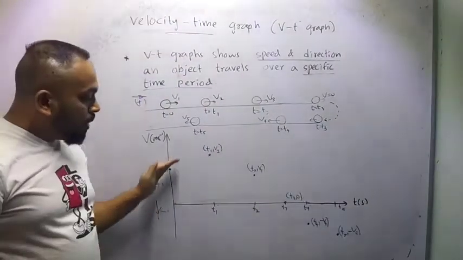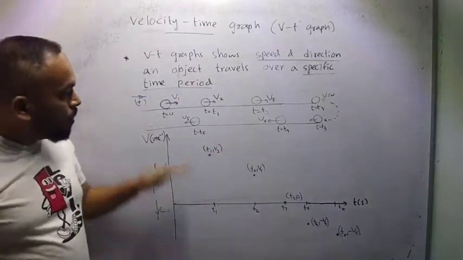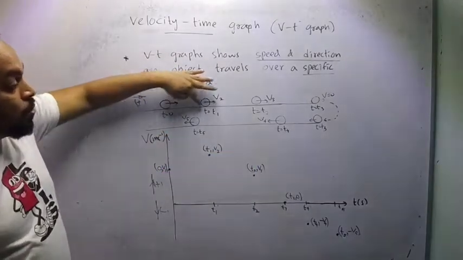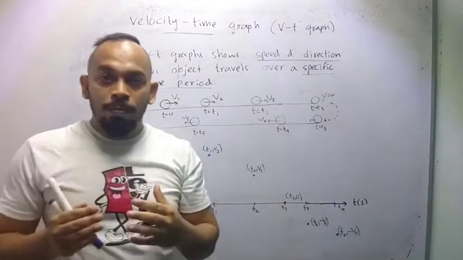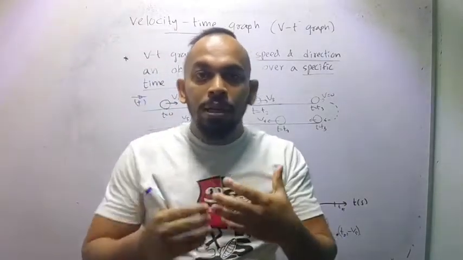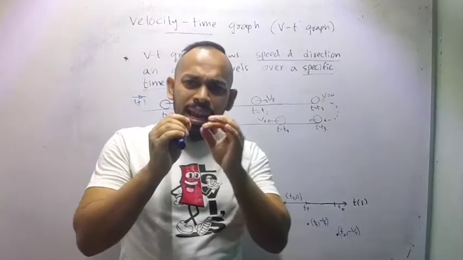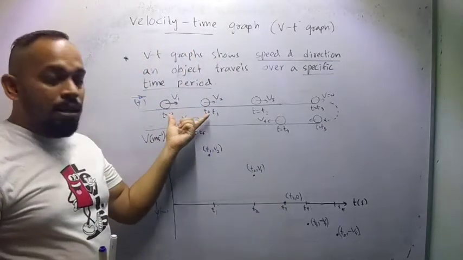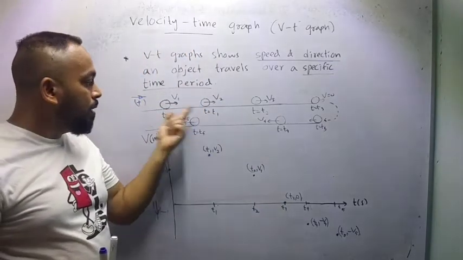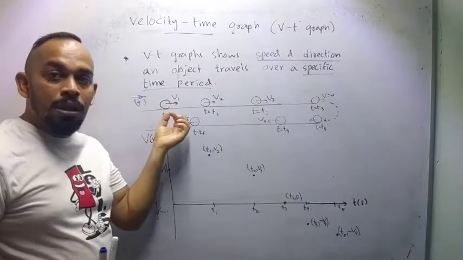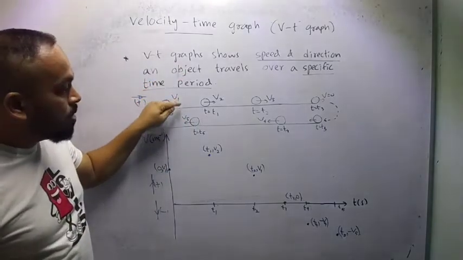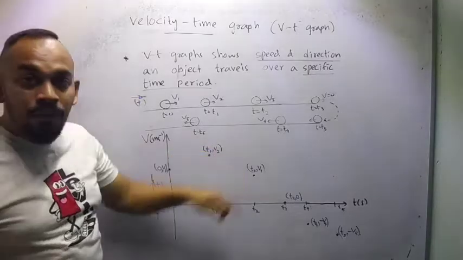Now, if we join these points, you don't actually know what is happening between these two locations. If you can determine the velocity at any time, even during these intervals between time T1 and T0, then you can plot that velocity versus time in this graph.